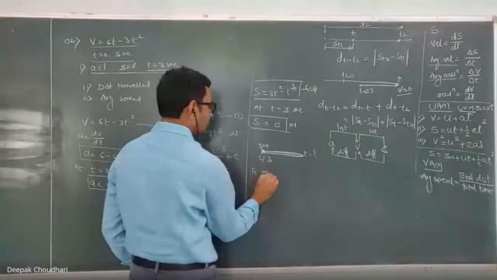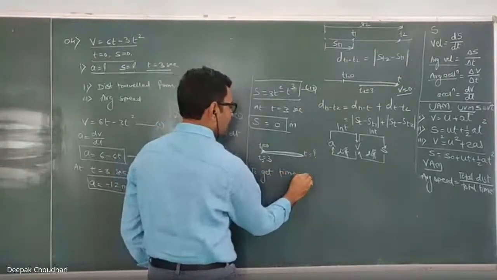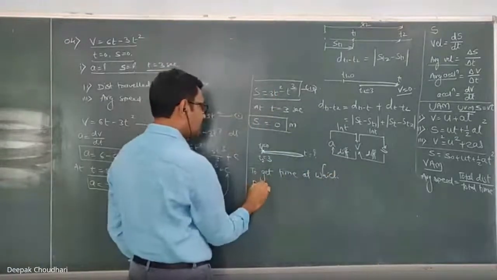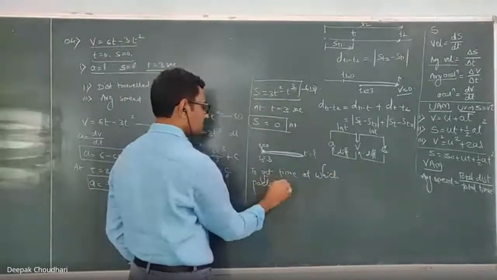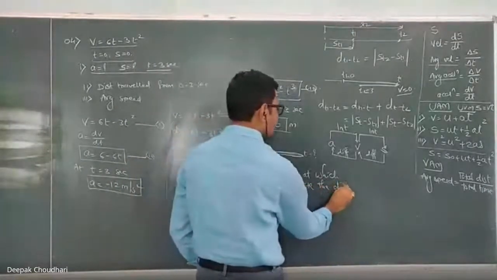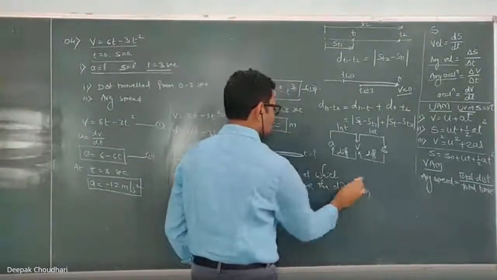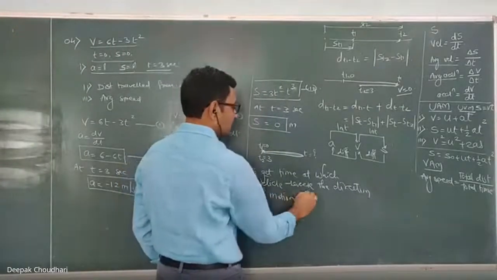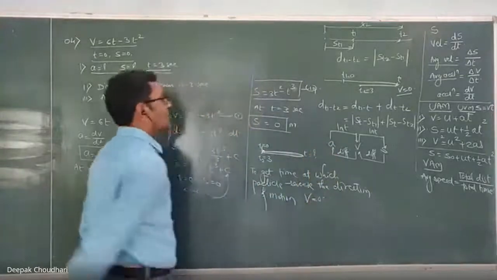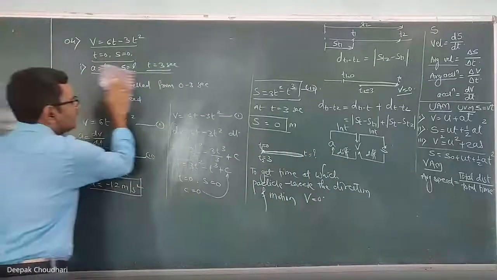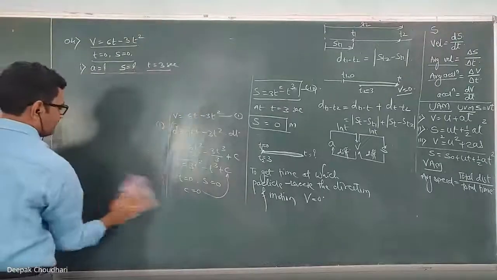So to get the time at which the particle reverses the direction of motion, equate v with 0. Now we have the equation of velocity.